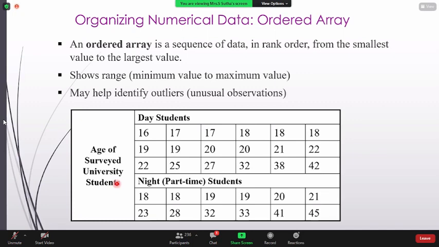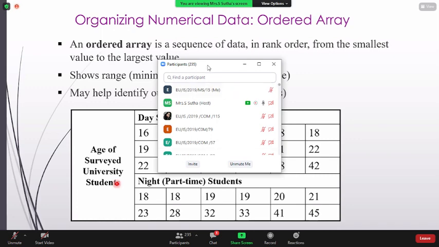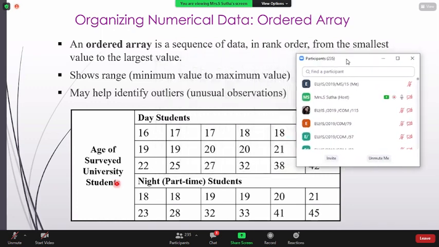Ratio. Yes, ratio. Why are you saying that it is ratio? Zero is meaningful.